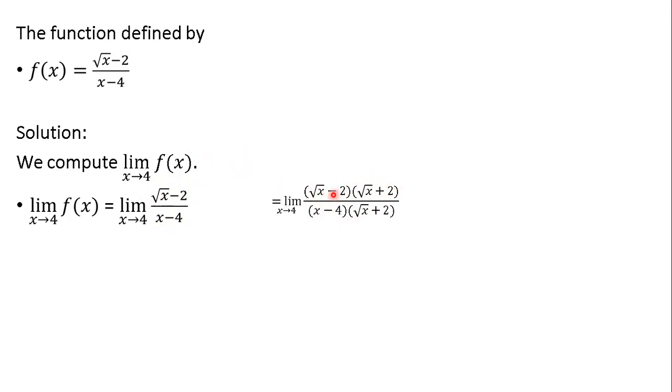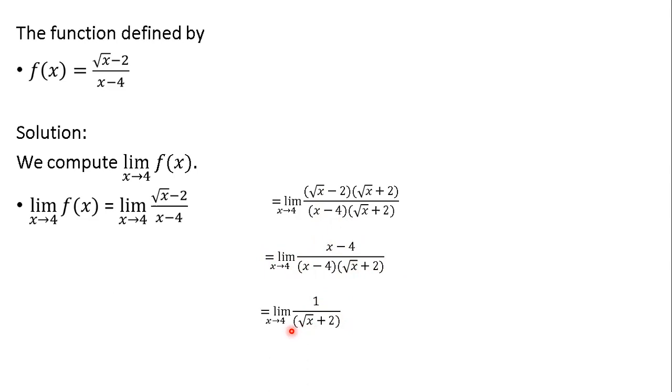As we multiply this expression, the square root of x minus 2 times the square root of x plus 2 is equal to x minus 4. Copy the denominator, and as you can see in this form, x minus 4 here and x minus 4 on the denominator, this is just equal to 1. Therefore, the remaining expression will be the limit of 1 over the quantity square root of x plus 2 as x approaches 4.